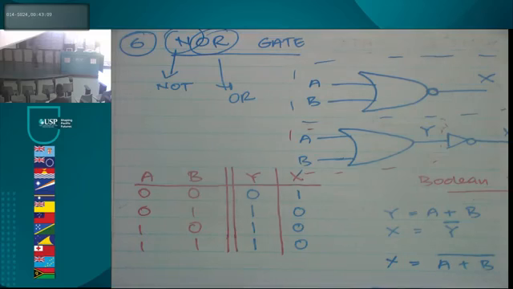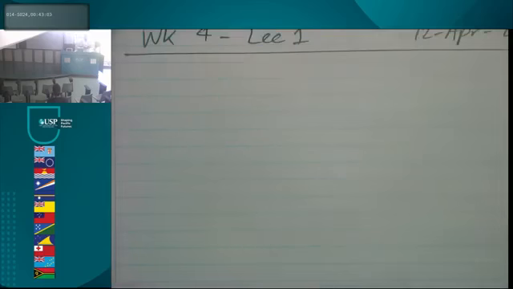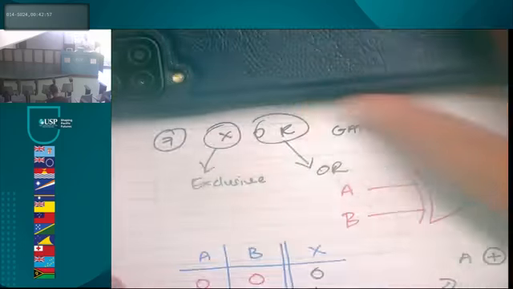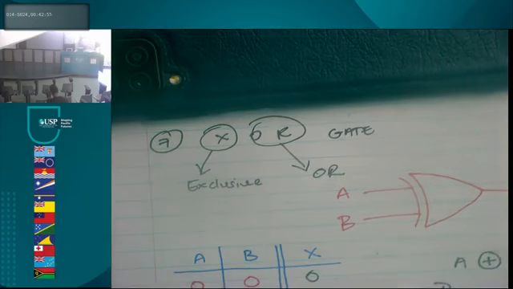So up till now, it's very straightforward. Now the last gate which we looked at was XOR, exclusive OR. This is the trickiest gate out of all of them.